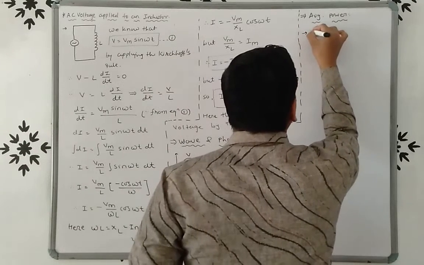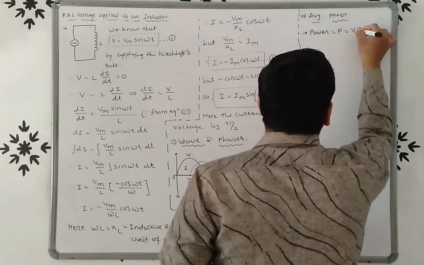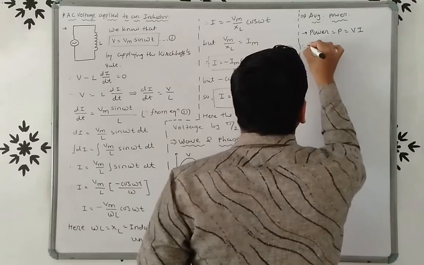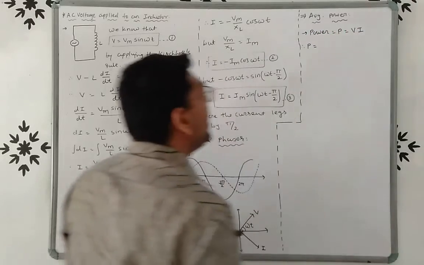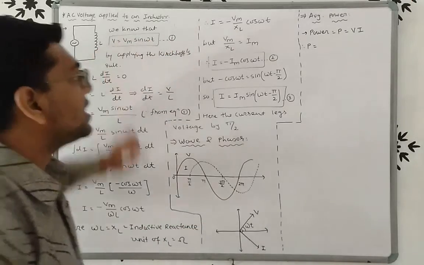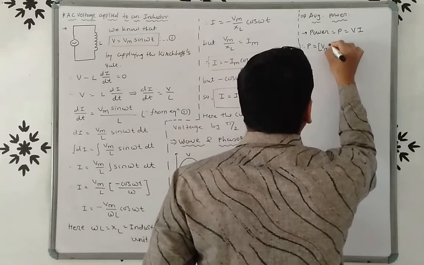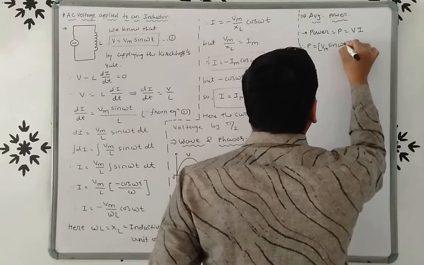So the equation of V is Vm sin omega t. So V is equal to Vm sin omega t.